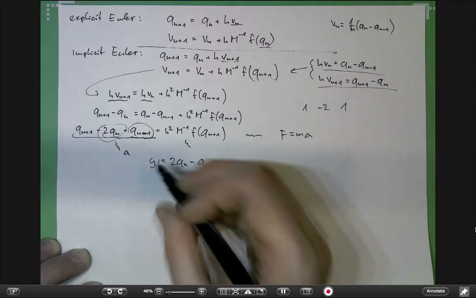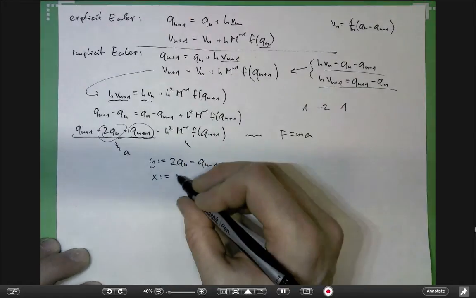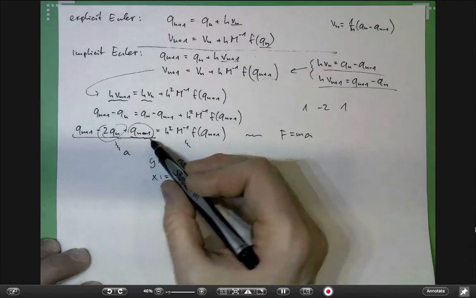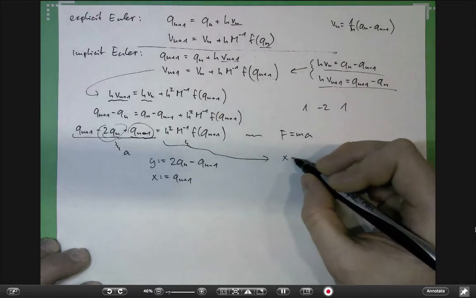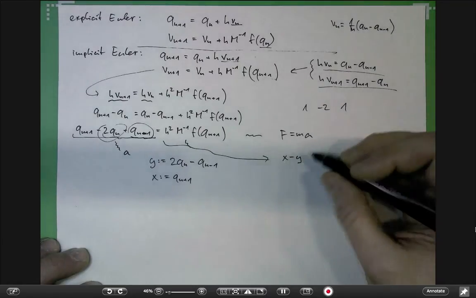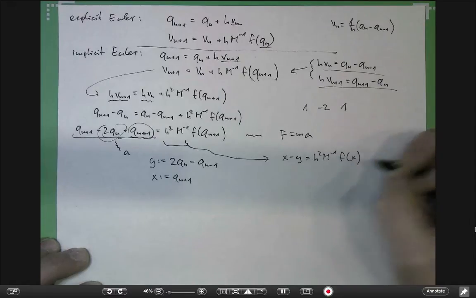That's what I'm solving for. So I will just denote it as x. That's what we usually denote unknowns with, right? So this is going to be my qn plus 1. So with this new, more concise notation, this formula becomes x minus y equals h squared m inverse f of x.